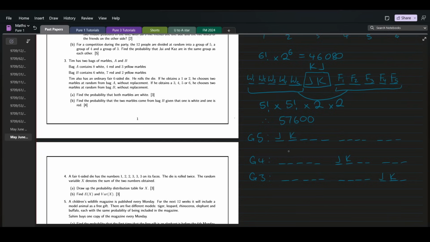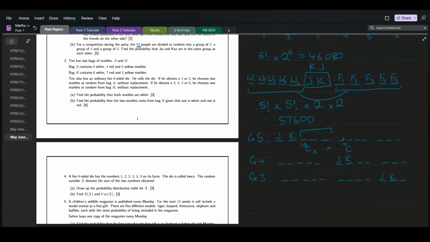Okay, so let's find the number of selections in which J and Kaz are in the group of 5. So remember that these are 12 people, and we've removed J and Kaz from those 12 people, which means that we have 10 people remaining. And in the first group here, we've got 3 slots, so it's 10 choose 3. And when we choose 3 people, we subtract them from the 10, so that means we have 7 remaining.